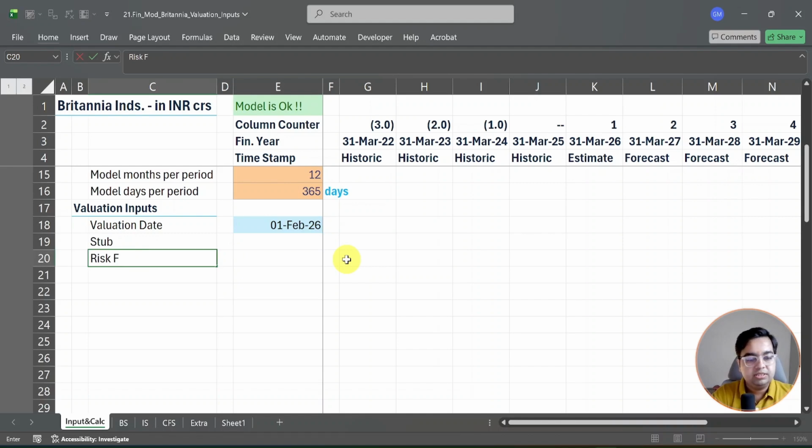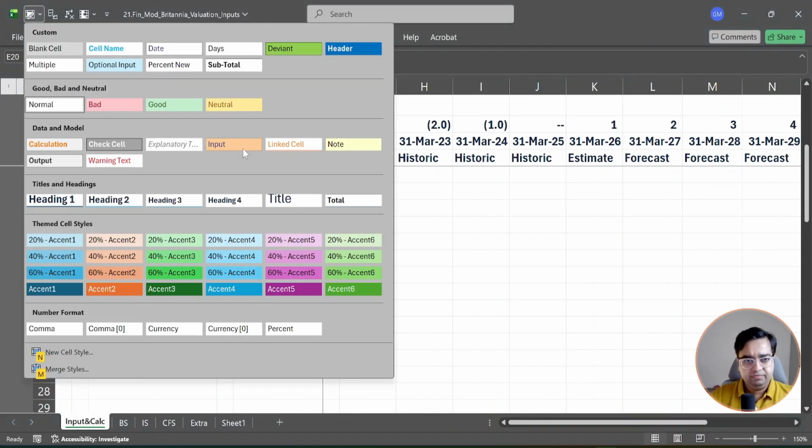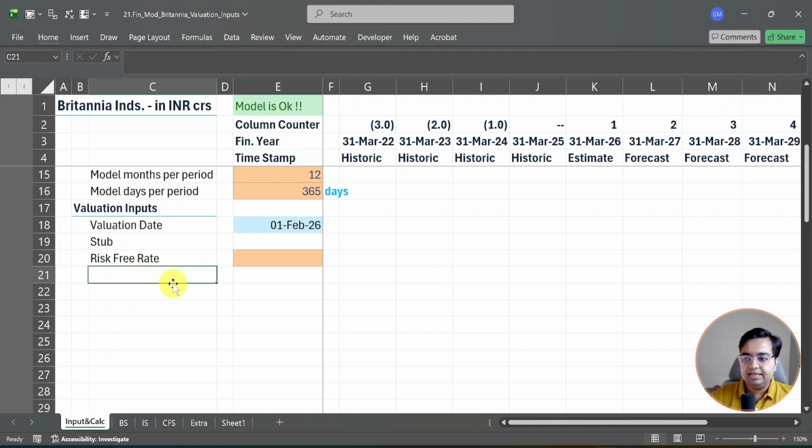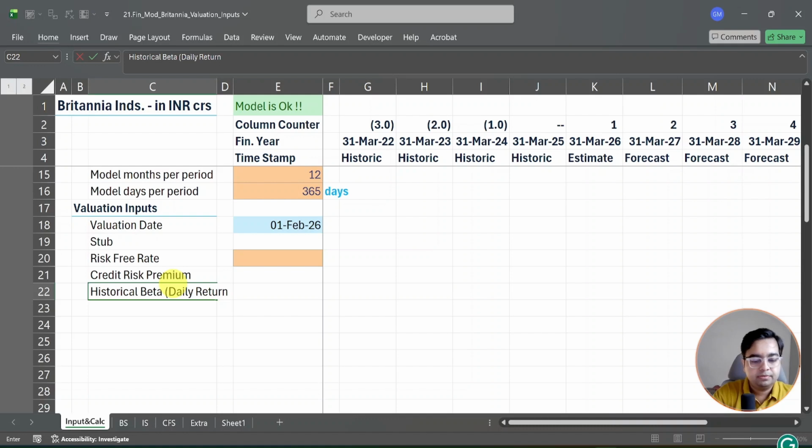Then we talk about risk-free rate. We just give an input cell style. Then we have credit risk premium, then historical beta, so this is using daily returns.